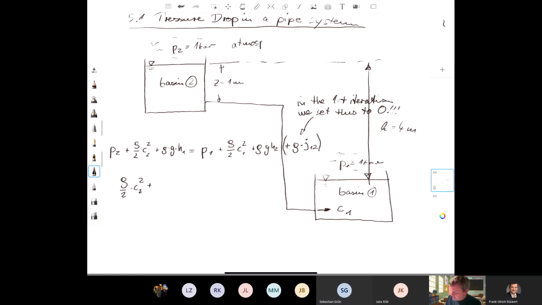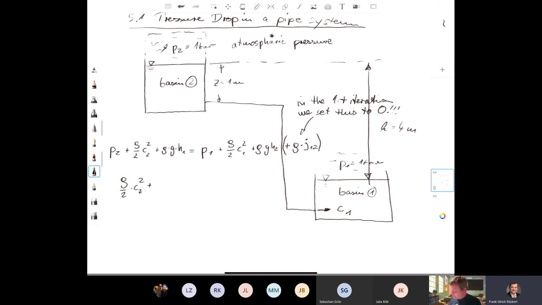Okay. Look, maybe if this is closed, and you have a higher pressure, yeah, maybe 2 bar, you have to take this into account.